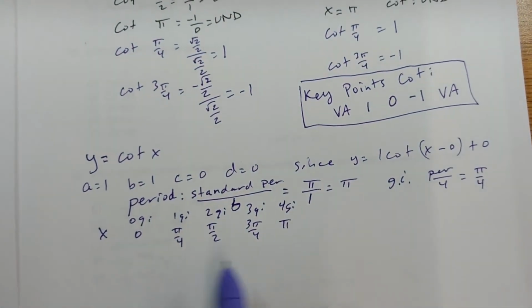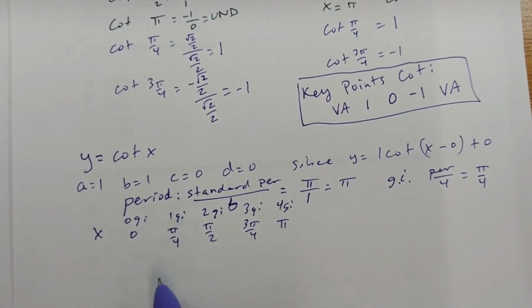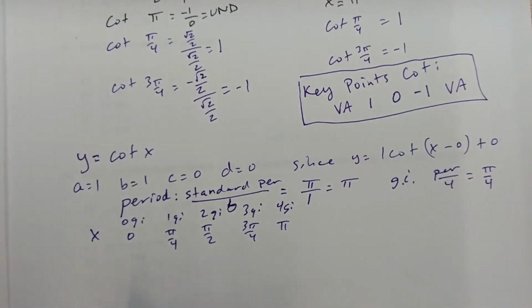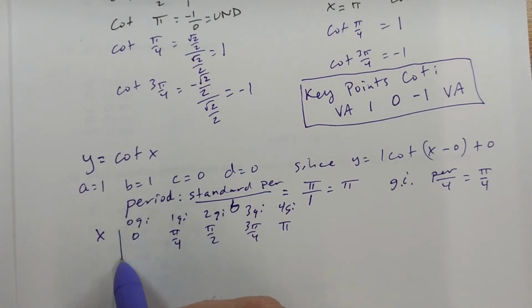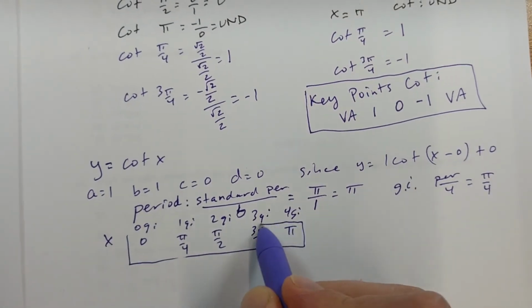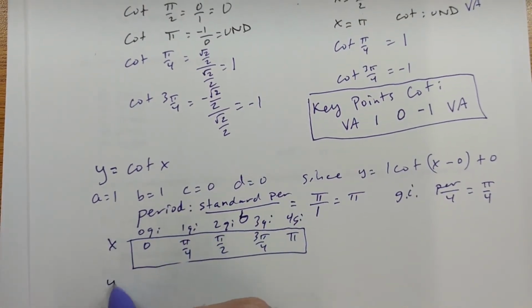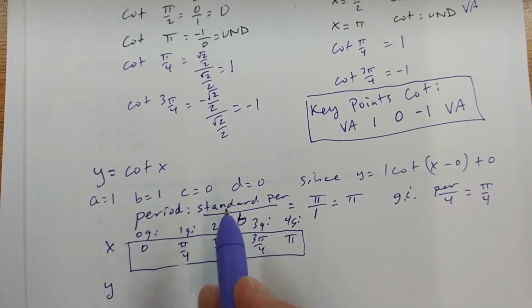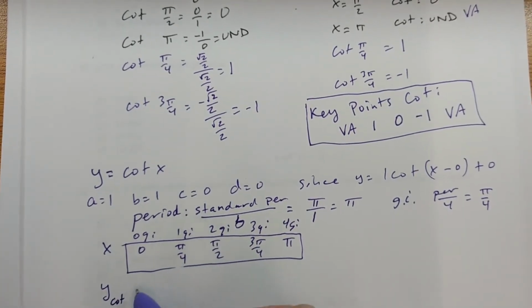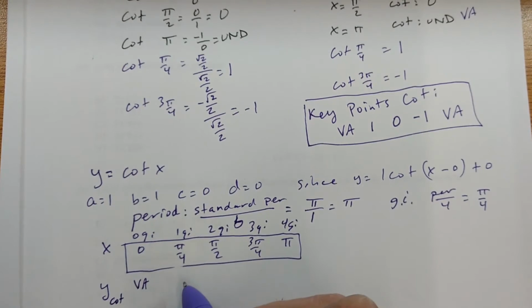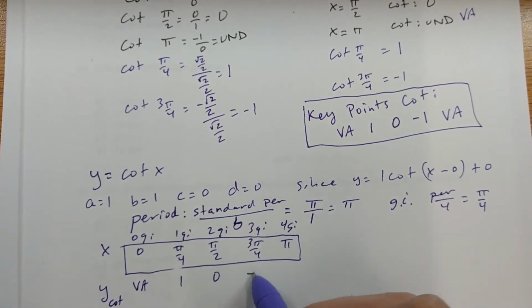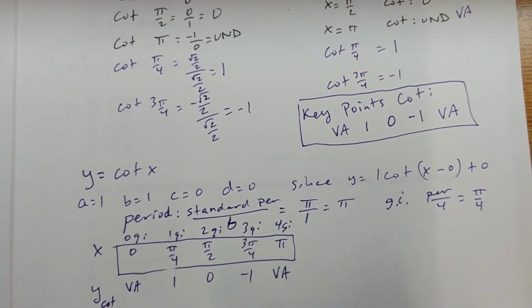We're not going to have a phase shift or a vertical shift, so these will be the x values that will go on our graph. And now our y values are just the key points for the cotangent function, which is vertical asymptote, 1, 0, -1, vertical asymptote.